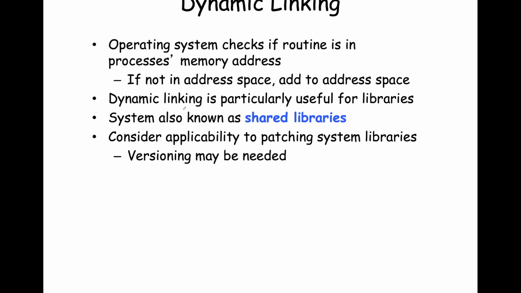And dynamic linking is particularly useful for libraries when you want to extend the capabilities of your program with a bunch of modules, and sometimes, at least on the Unix platform, they're called shared libraries. And on Windows, it's called a dynamic link library, or DLL. A shared library or shared object is often called an SO file, for shared object.